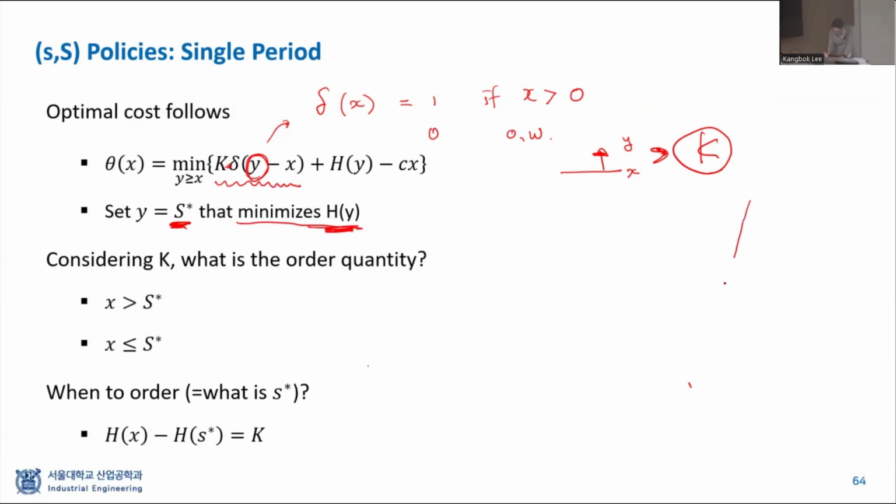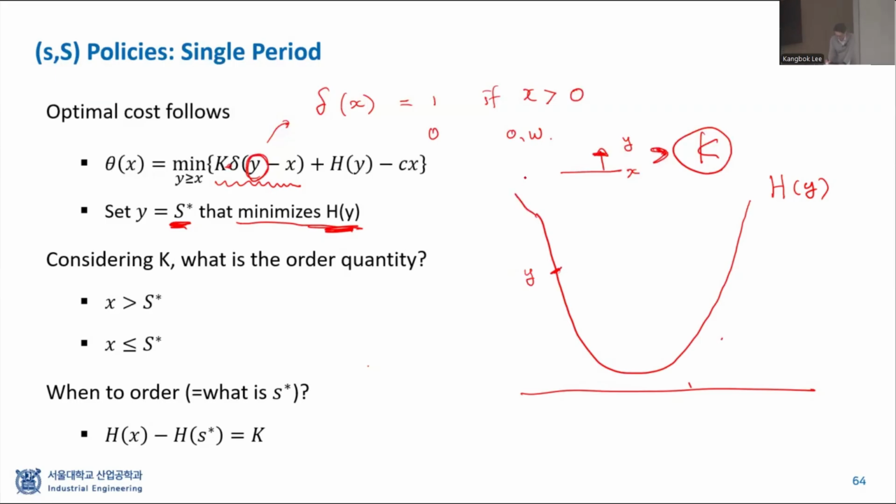But let me just show why this is not a simple problem. So think about h of y, and now think of this case. Let's say that my y is here, and this is my x.